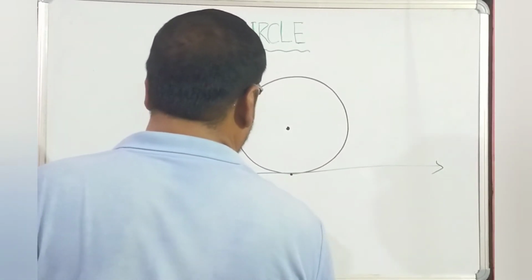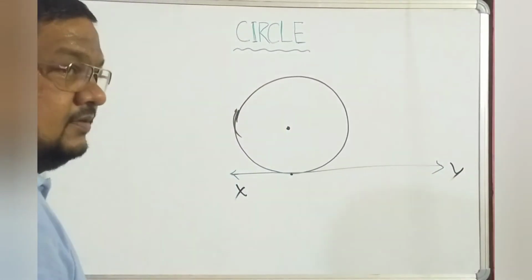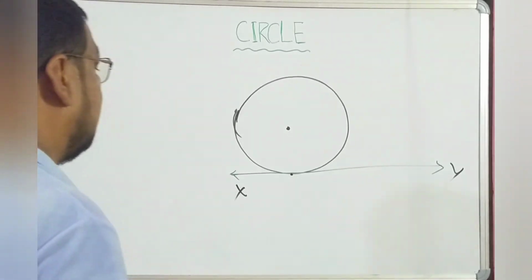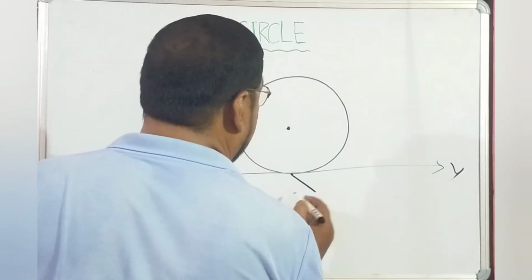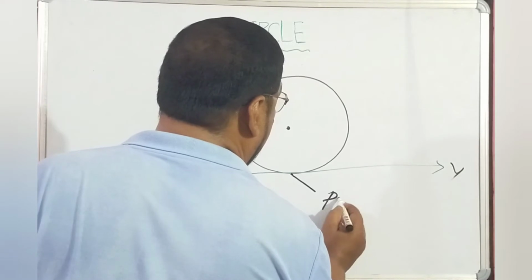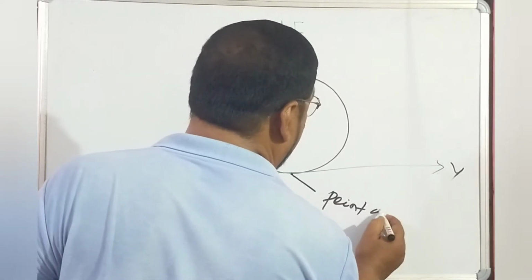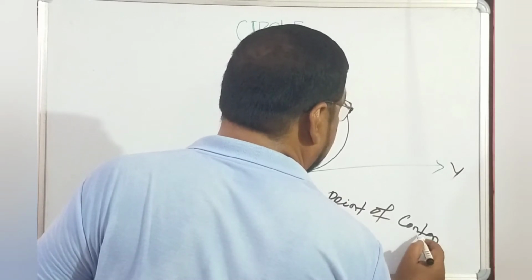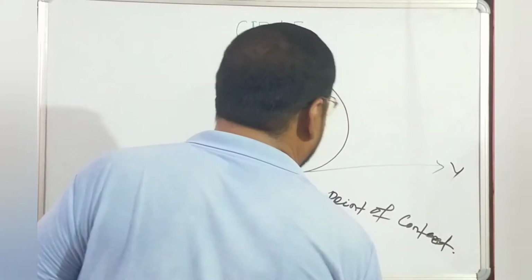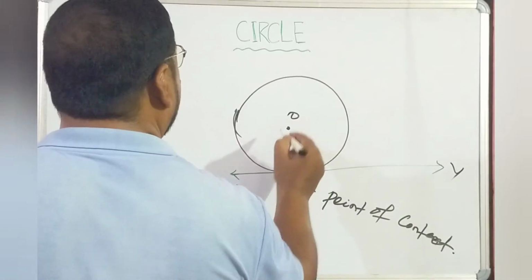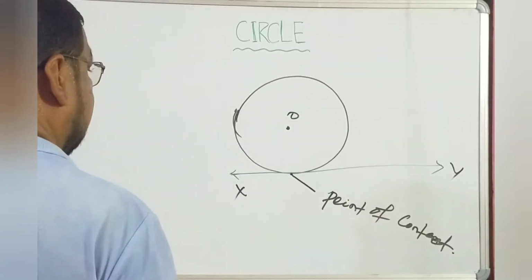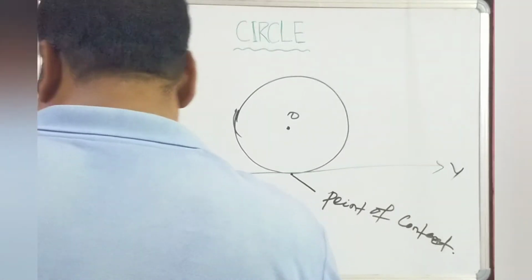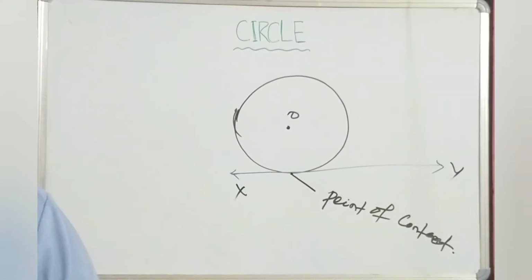This line XY is known as the tangent because it touches the circle at one point. And that point is known as the point of contact. Tangent is very important for you in class 9 because regarding this you have to solve the deductions.